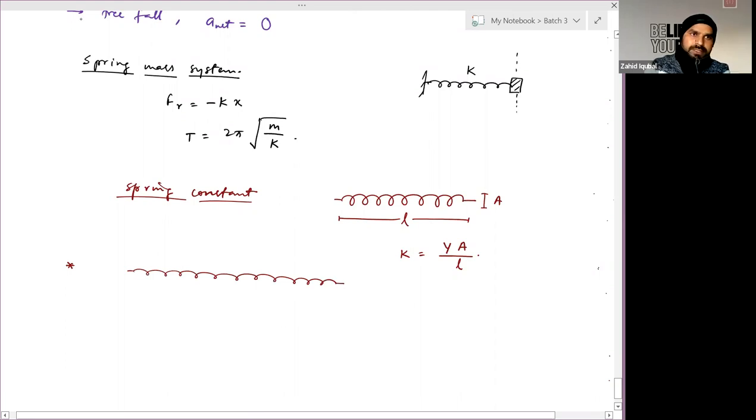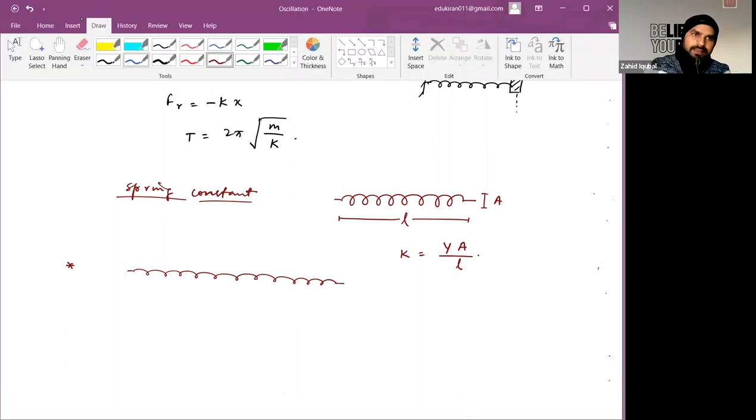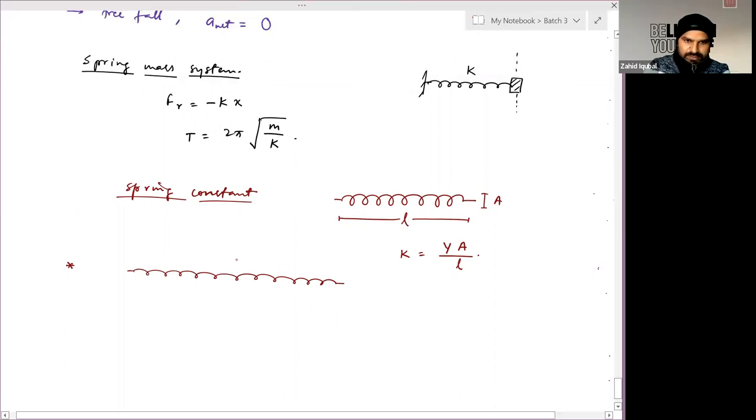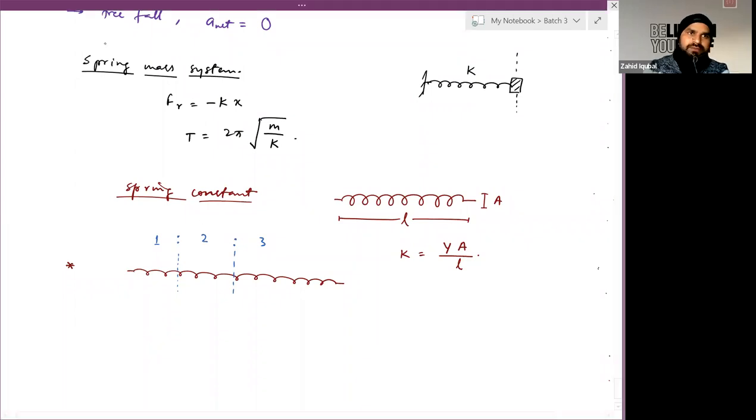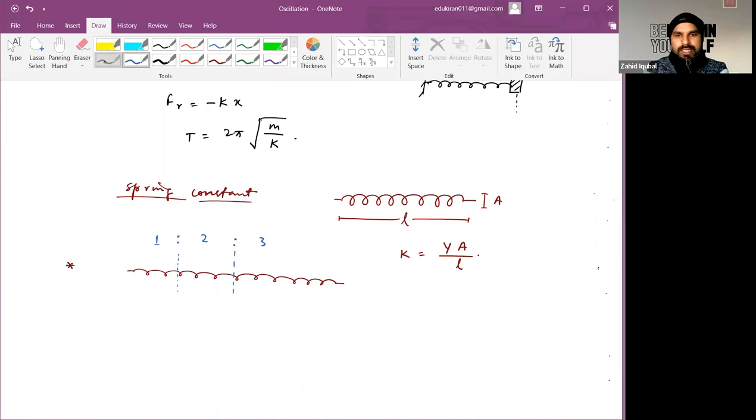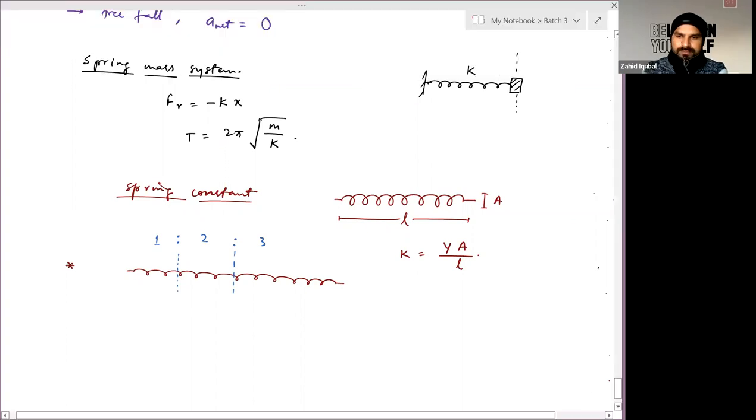Suppose this is spring and I've cut it into some segments, in which this is one part, this is two part, and this is three part. So you'll be asked, how will spring constant of these three different segments be related with actual spring constant K?